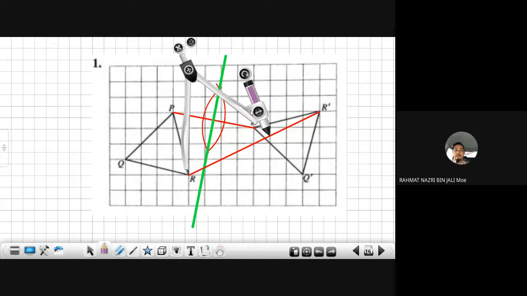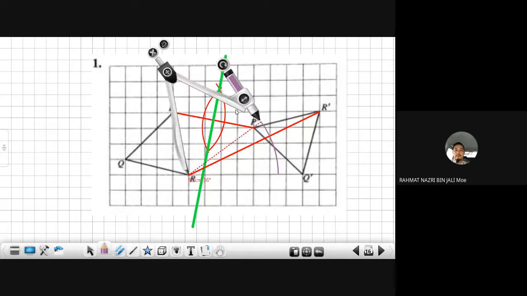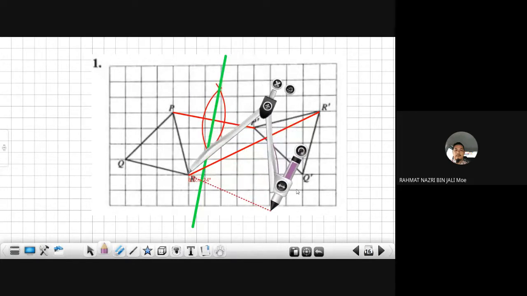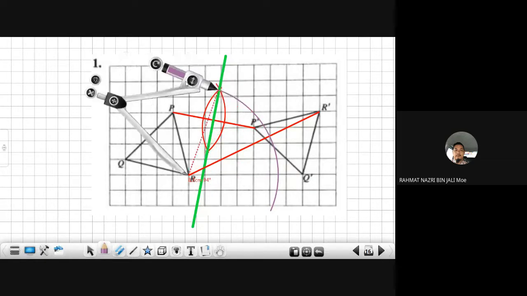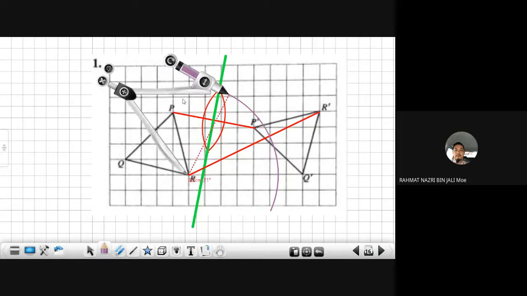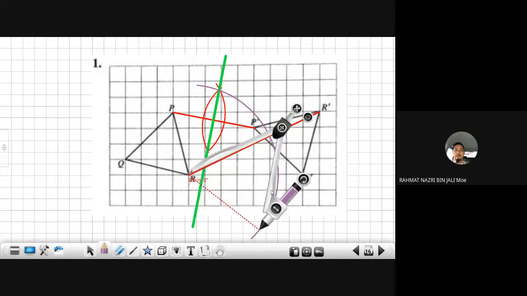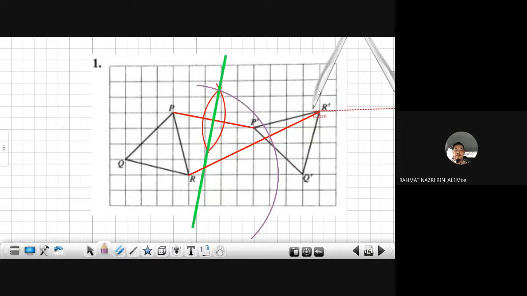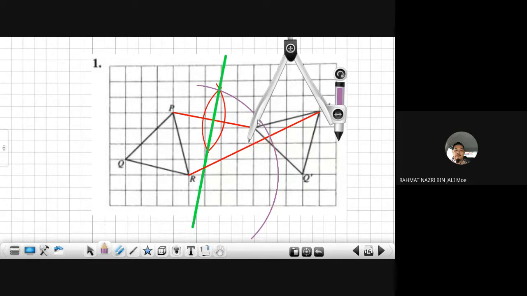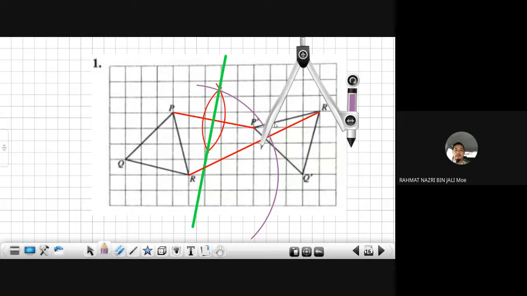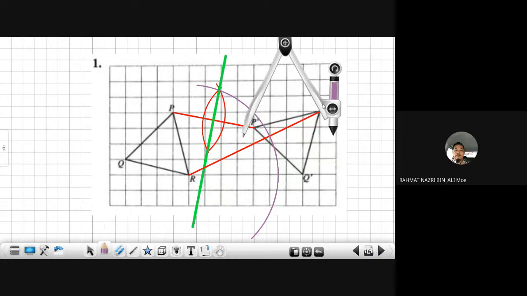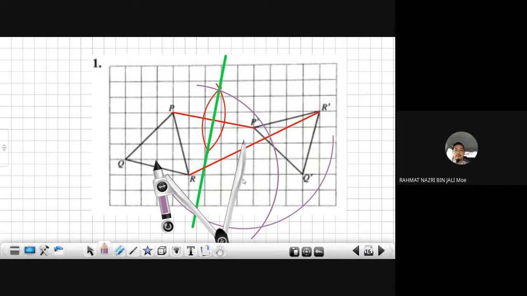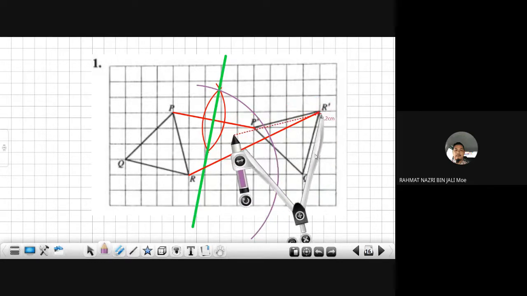Okay, then I will draw the arc. Okay, from the center, the arc. Then I change the center, with the same opening, 8.2. I will use the center R prime.